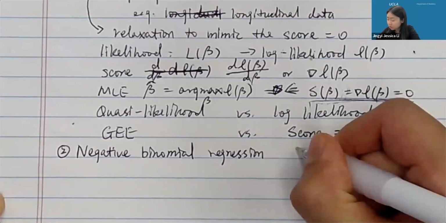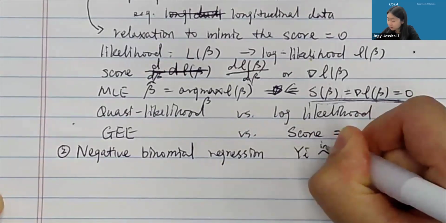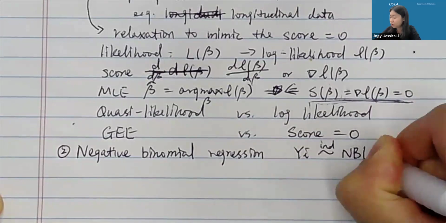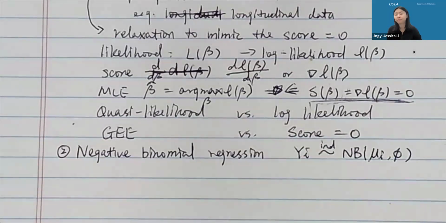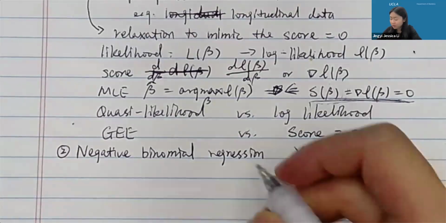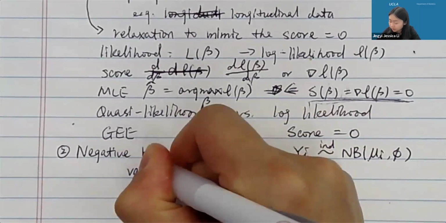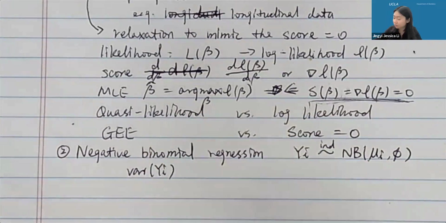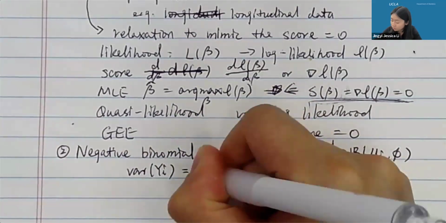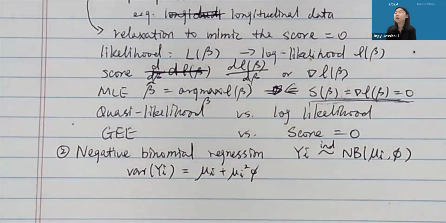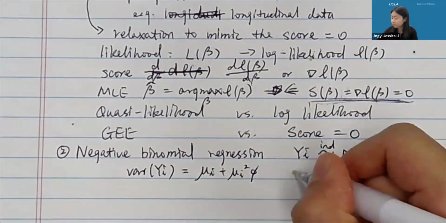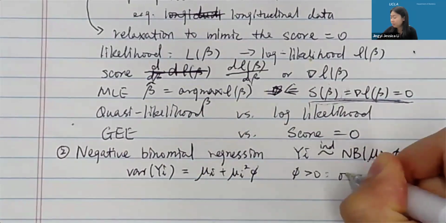Here, we will assume that yi are independently following a negative binomial distribution with mean mu(i) and dispersion parameter phi. So in this case, what we said last time is that the variance of yi will take the form mu(i) plus mu(i) squared phi. This additional term, when phi is bigger than 0, gives you over-dispersion.